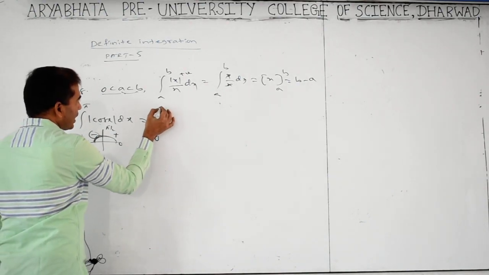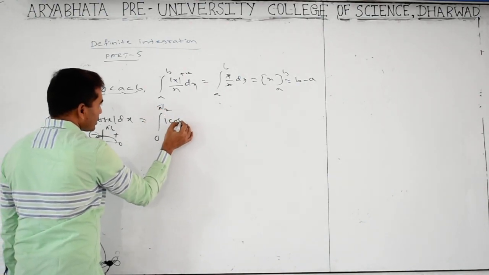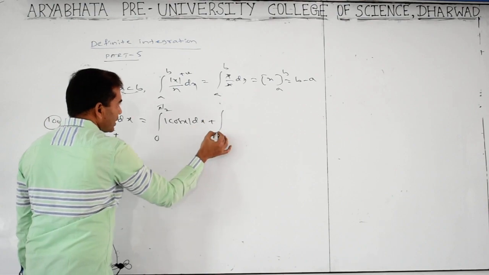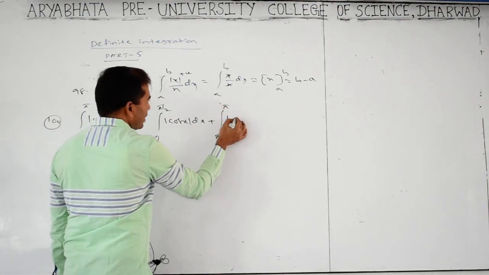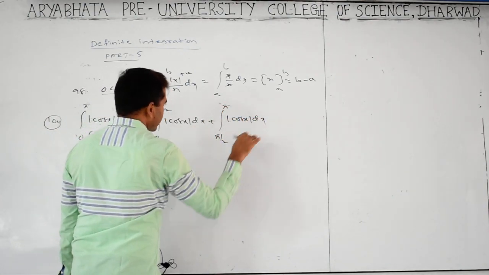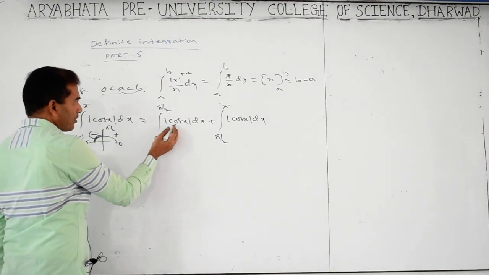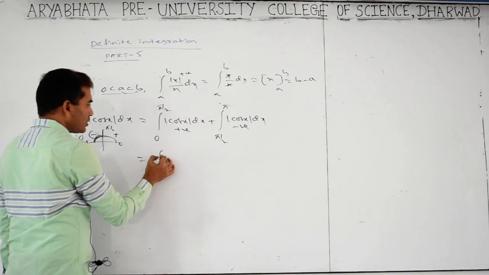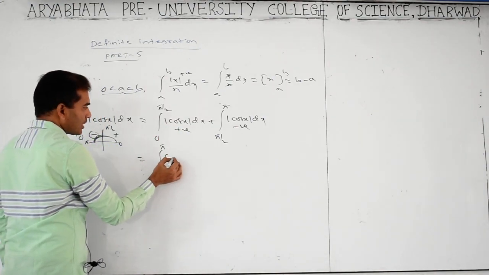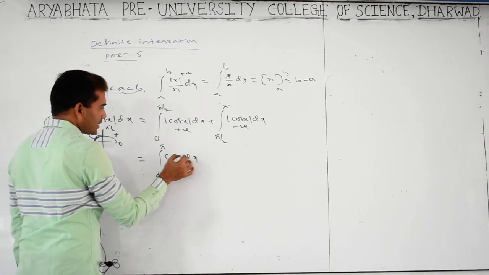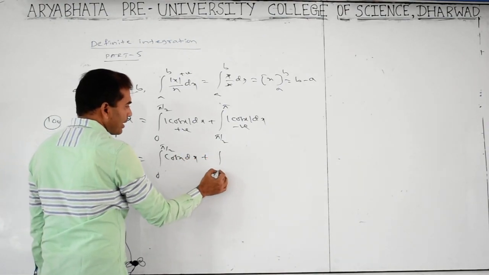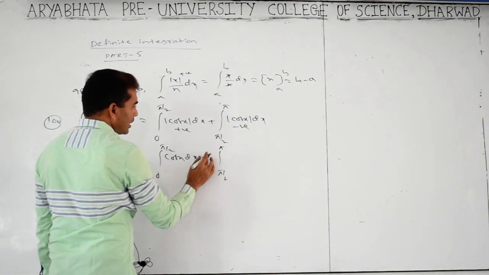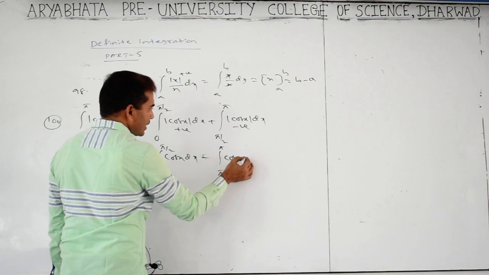0 to pi by 2 mod of cos x dx plus pi by 2 to pi mod of cos x dx. From 0 to pi by 2, cos x is positive, and in the other interval it is negative. Therefore 0 to pi by 2 mod cos x is cos x dx, and pi by 2 to pi, being negative, is minus cos x dx.